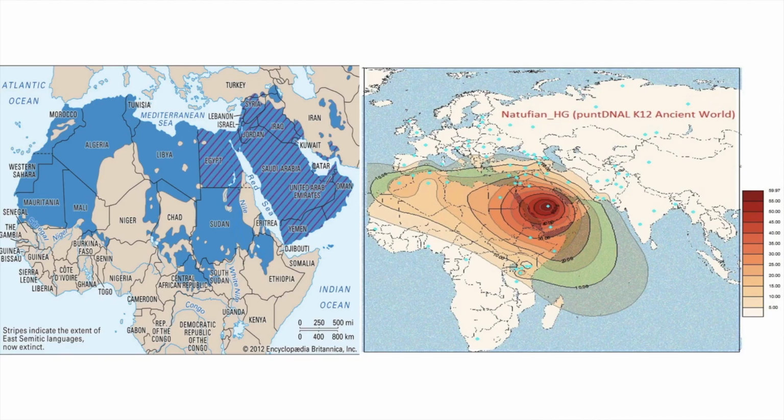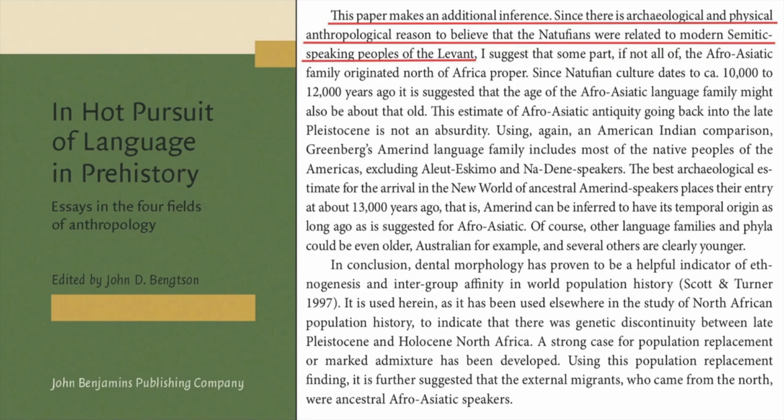And here is an overlay of Semitic and Natufian. Interestingly enough, Natufian spreads outward into regions where you find Semitic people. I do believe there is a very strong connection between the Natufian genetic component and Semitic people.